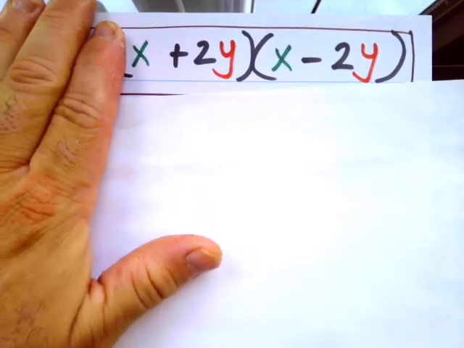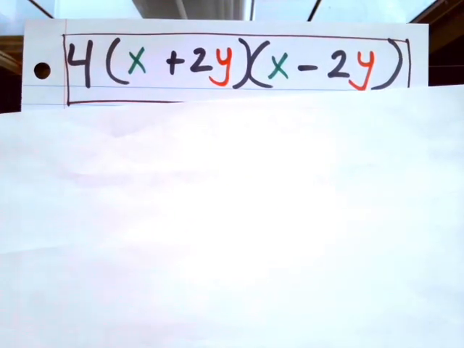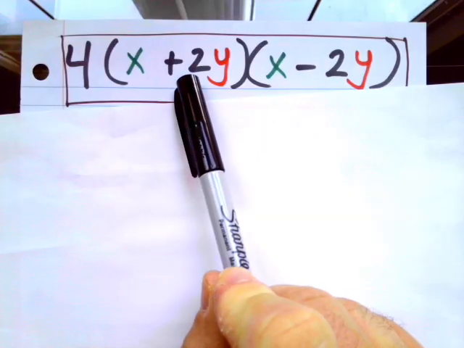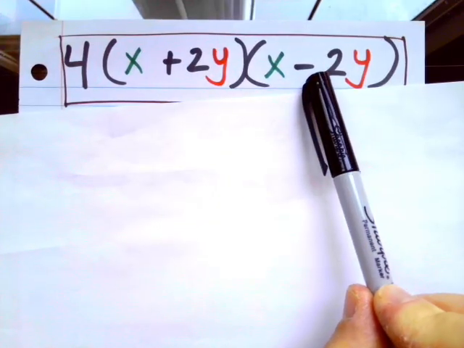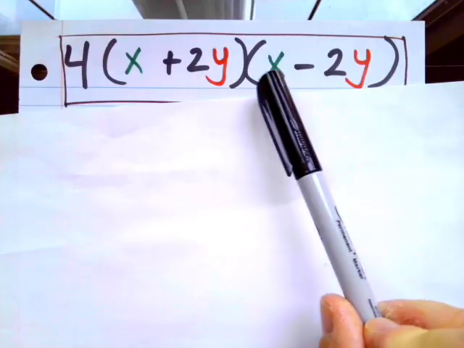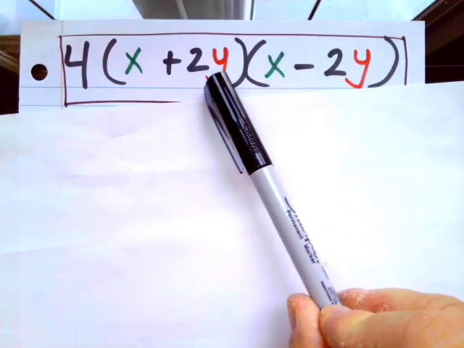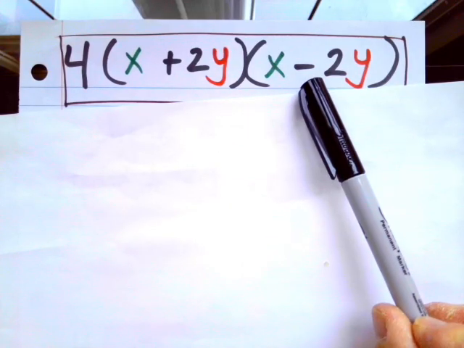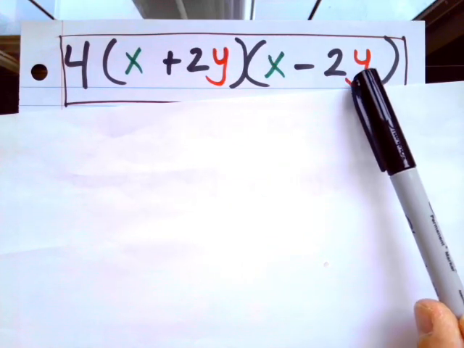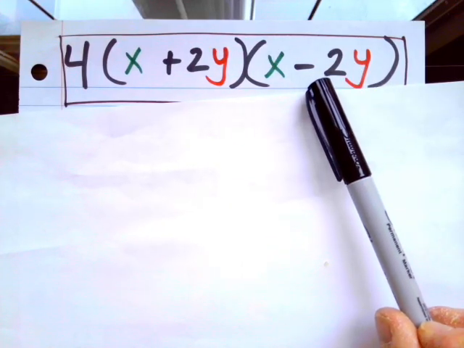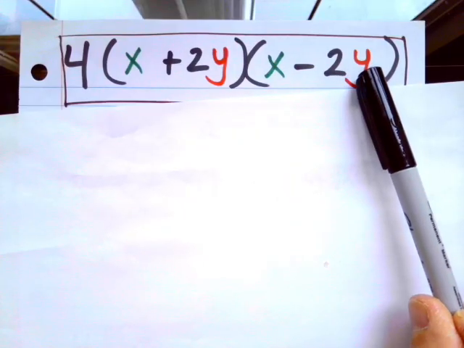So as you can see here, I have that +2 and I have a -2. Remember, I had an x times x is x squared, right? And so that +2y times a -2y gives me a -4y squared.